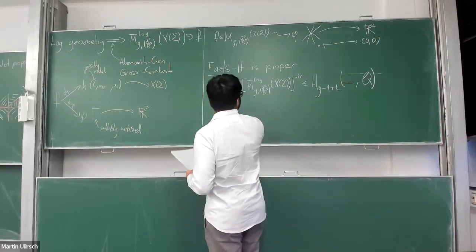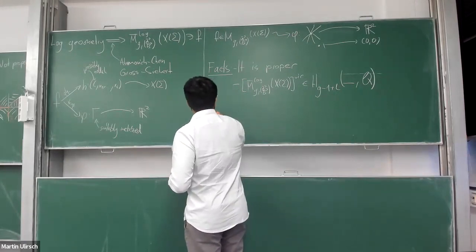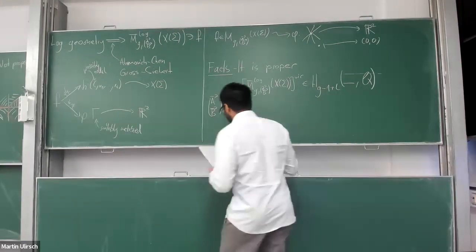Okay, so from now on, I will specialize my matrix AB to be of the following form.